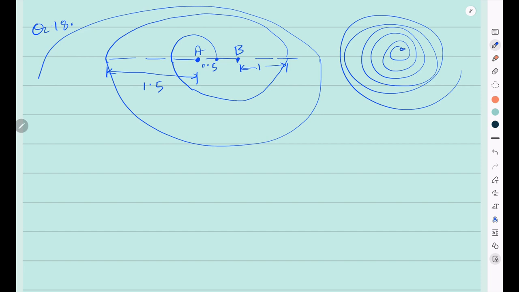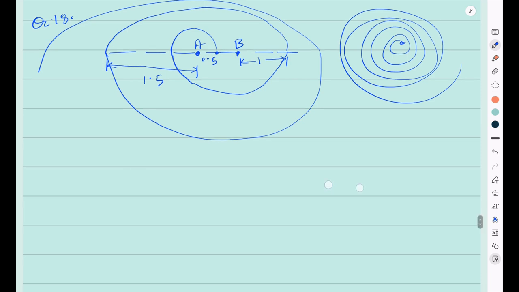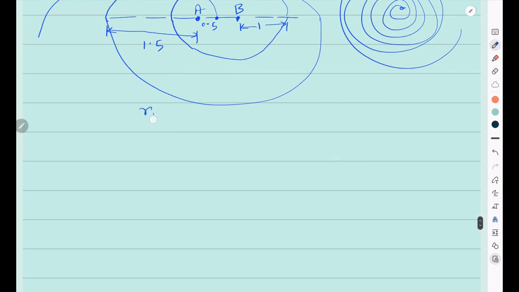This is the question. Okay, let us just write down the various radii of these circles. The first radius is 0.5, second is 1.0, third is 1.5, fourth is 2.0.